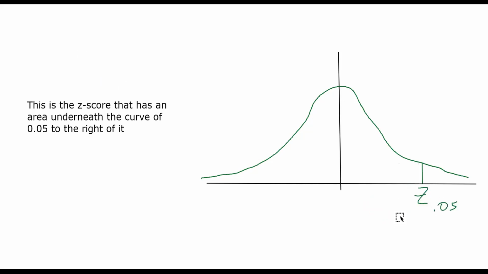This is going to be the z-score that has 0.05 of the area to the right of it. That's what that means.